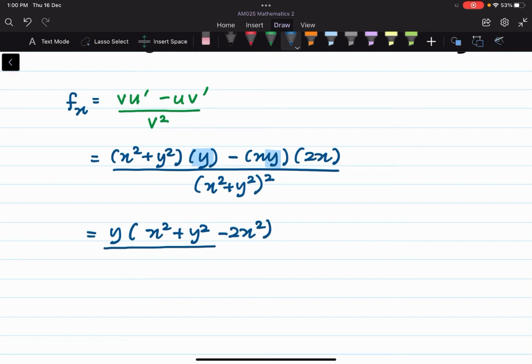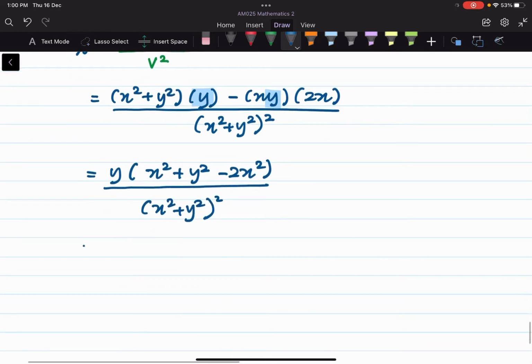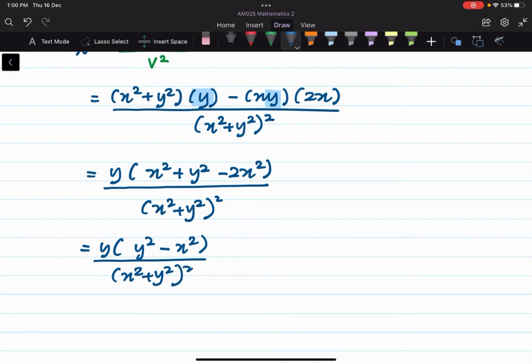Divide by x squared plus y squared, squared. So y squared, x squared minus 2x squared is negative x squared. Divide by x squared plus y squared, squared.